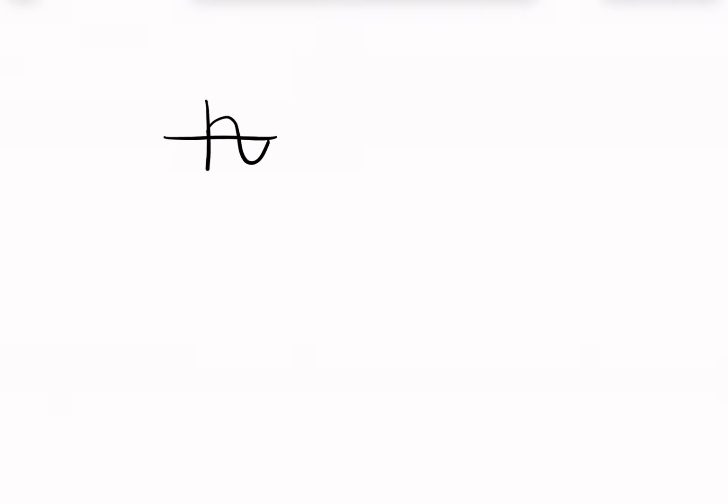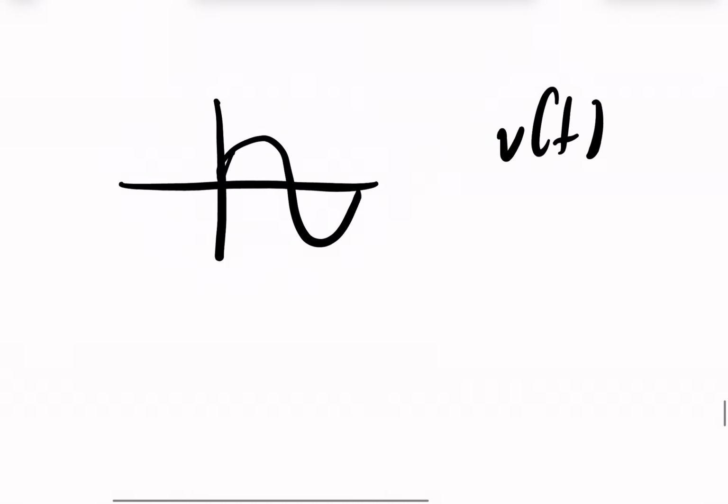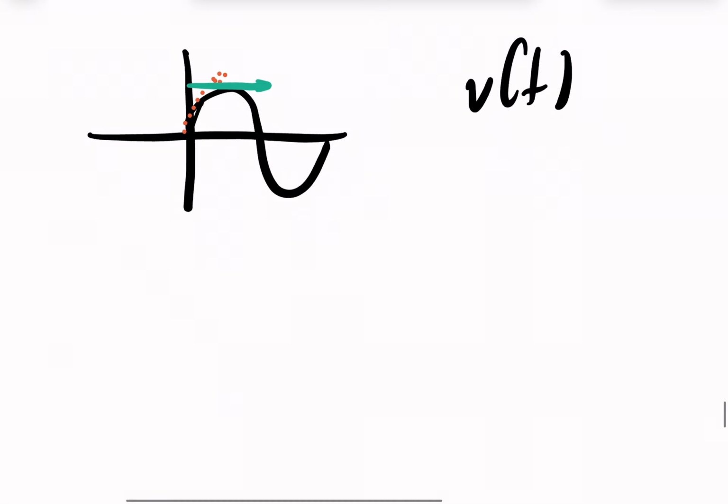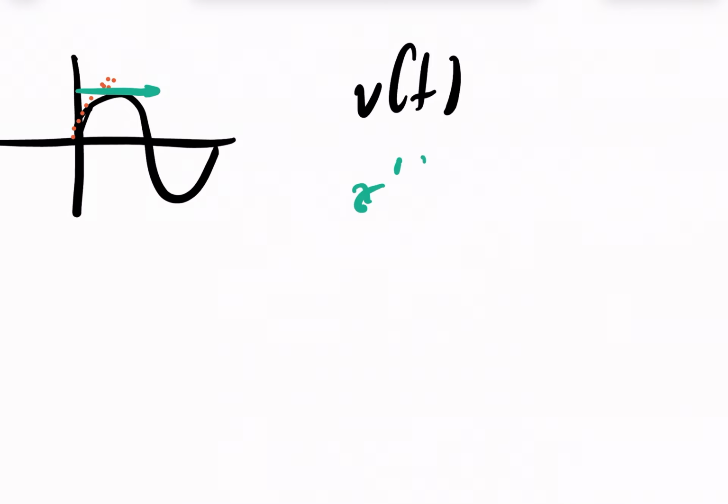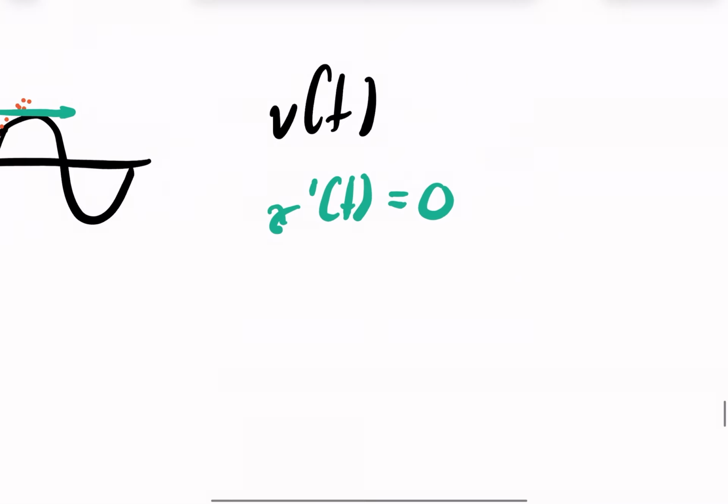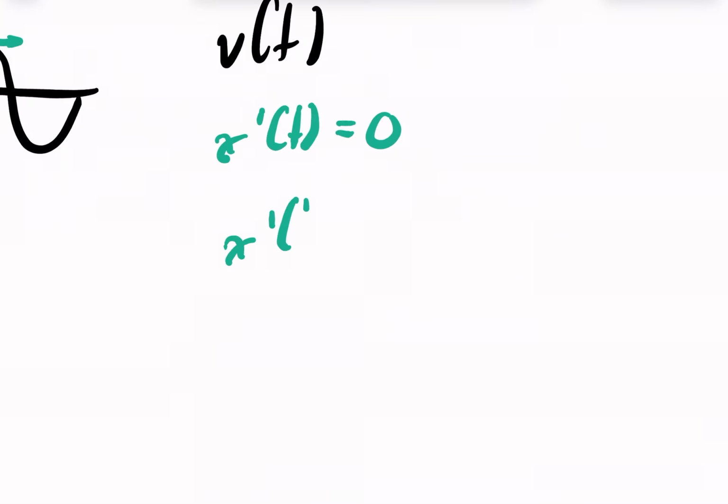So let's just say this is our v at t. Let's say this was a ball, and I threw this up. It has its greatest velocity and is the furthest away when the slope of it, when x prime at t equals 0, and x prime at t equals v at t.